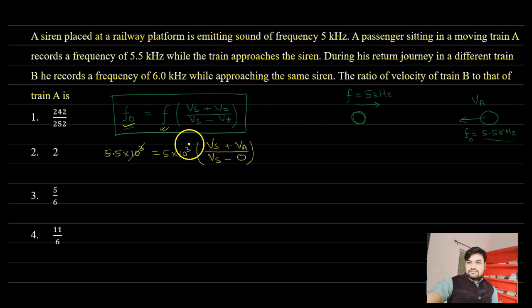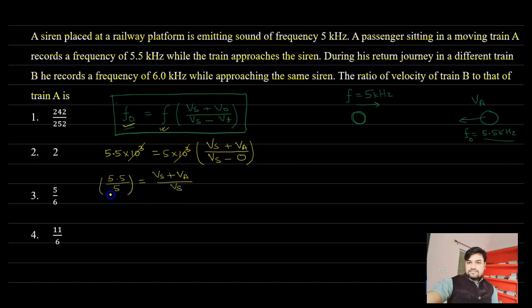Now we can cancel some equal terms, so this will become 5.5 divided by 5 equals Vs plus Va divided by Vs.